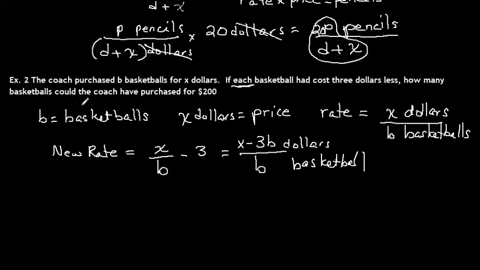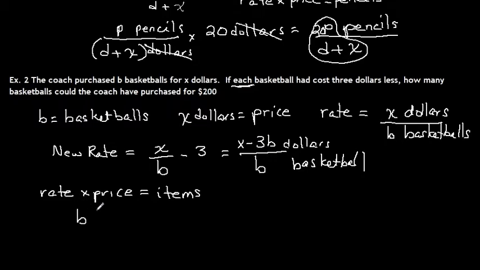Now, how many basketballs could the coach have purchased for $200? So we're going to take rate times the price equals the item. In the book they do it differently, which is really confusing. But if you stick with rate and you get your new rate times the price, which is this dollar thing, equals the items, you pretty much can't go wrong. So your new rate, now we want items, and you see how dollars is on the top? We want the dollars to cross out with this $200. So I can just flip these around.